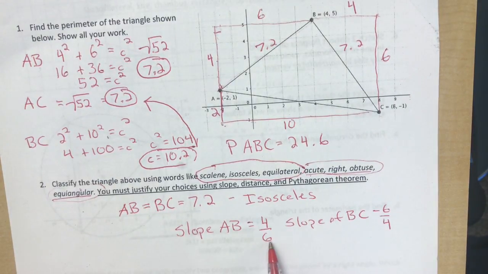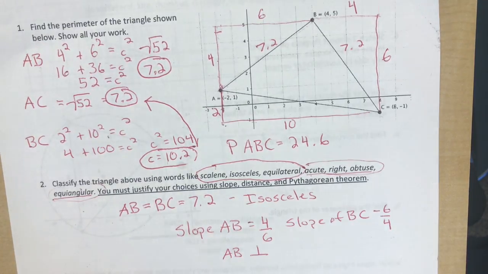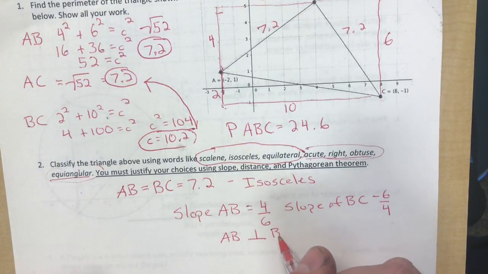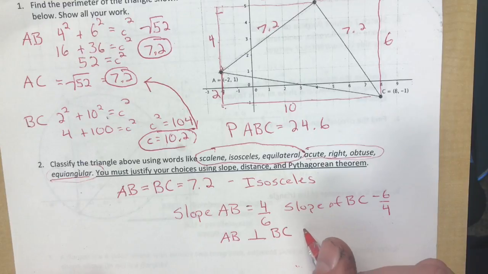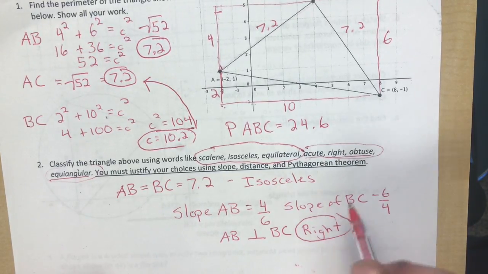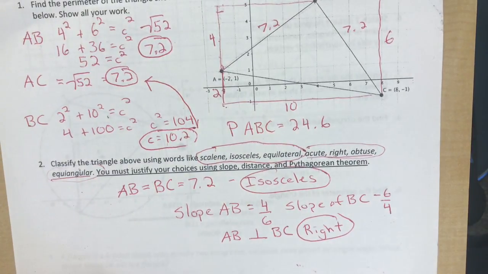This relationship of opposite reciprocals shows me that AB is perpendicular to BC, and therefore it is a right triangle. So I proved it's right, and I proved that it is isosceles.